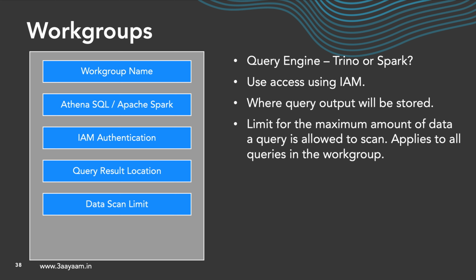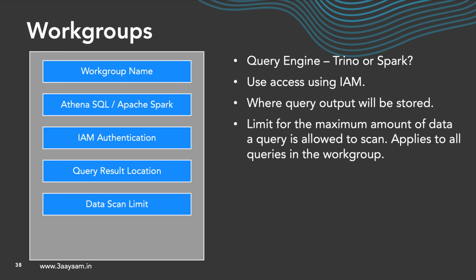And then the data scan limit, which limits the maximum amount of data that queries are allowed to scan. This applies to all the queries in the workgroup. Let's say we set the data scan limit to 5 terabytes, and there are 100 queries running in that workgroup. That 5 terabyte limit would be for all the queries collectively.